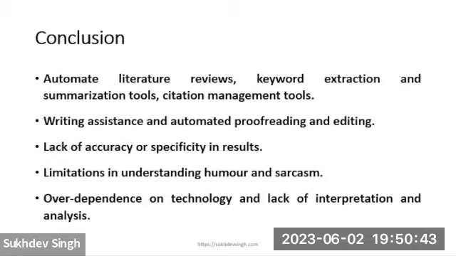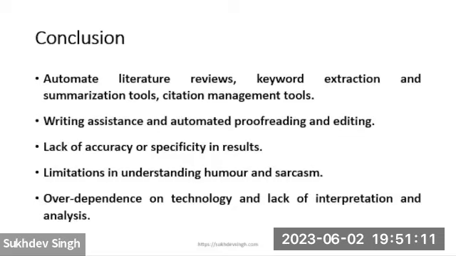So these tools can do the literature reviews. They can do keyword extraction, and they can summarize whatever you have found from the literature review, and then you can manage your citations. And if you are writing your research, these tools can assist you to write, and they can also automate your proofreading and editing.